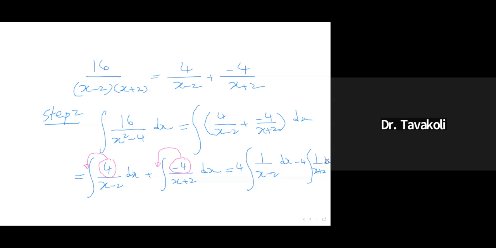By the reminder that we had at the beginning of this video, the integral of 1 over x minus 2 is ln of absolute value of x minus 2. And the integral of 1 over x plus 2 is ln of absolute value of x plus 2.